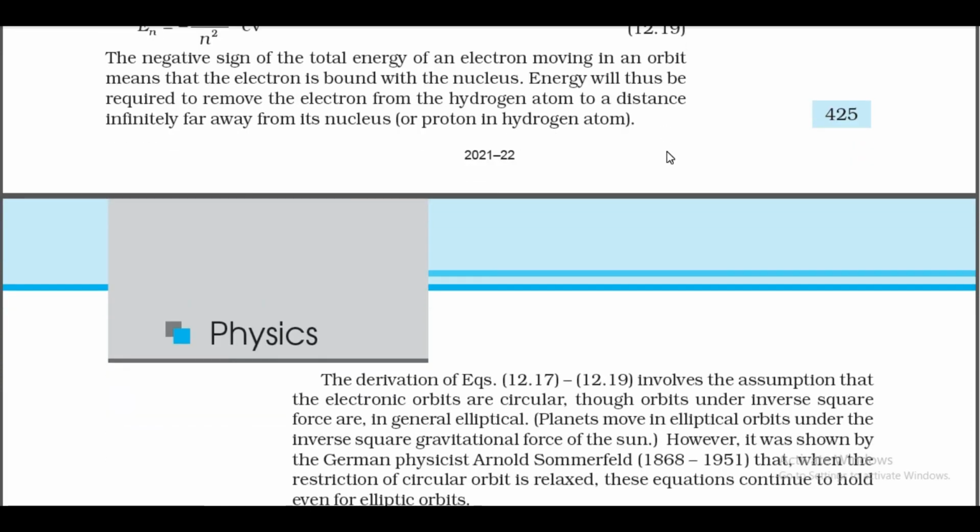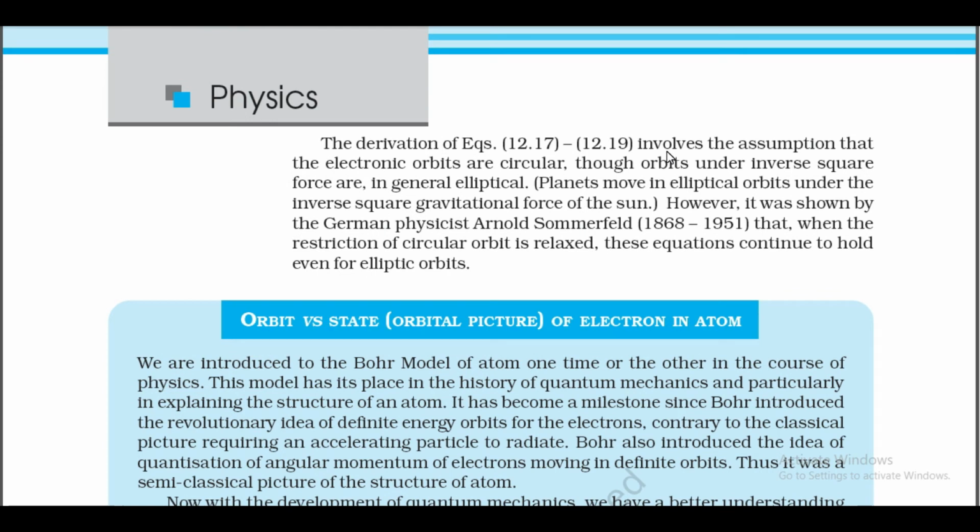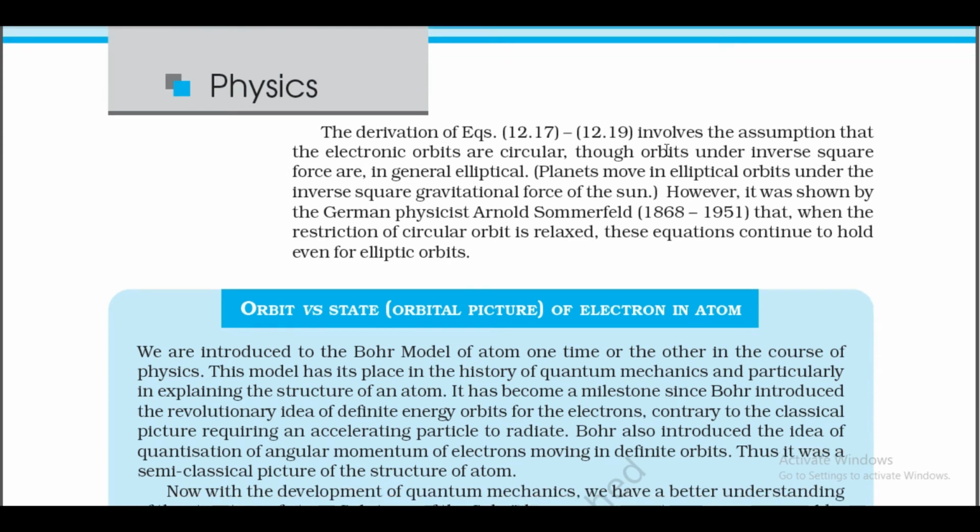The derivation of equations 12.17 to 12.19 involves the assumption that the electronic orbits are circular.